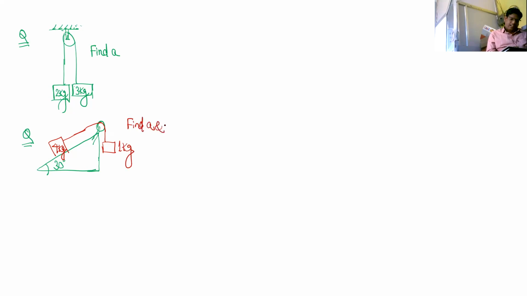Find acceleration and tension. Here also find acceleration and tension. Solve it. So you don't have to write all equations. Directly using shortcut, you can find out acceleration and then you can find T.